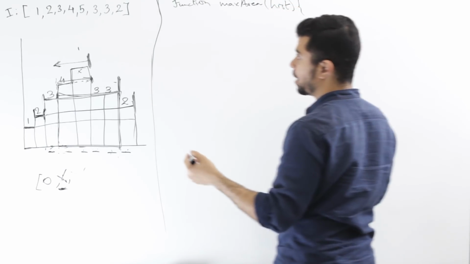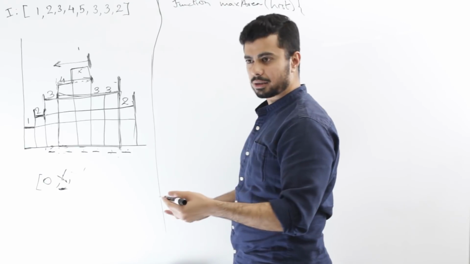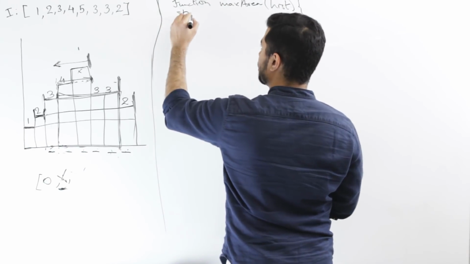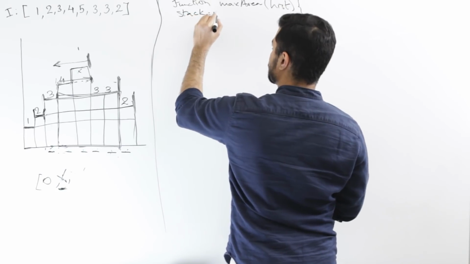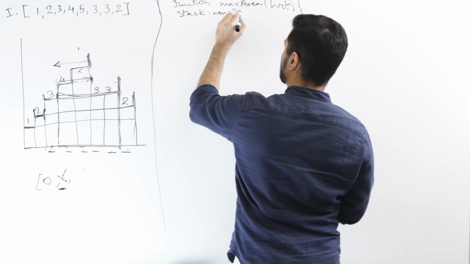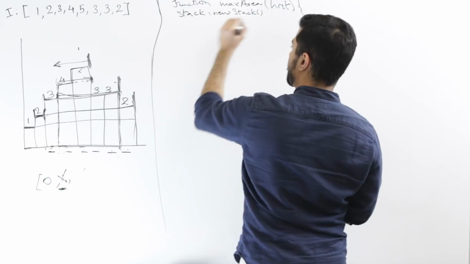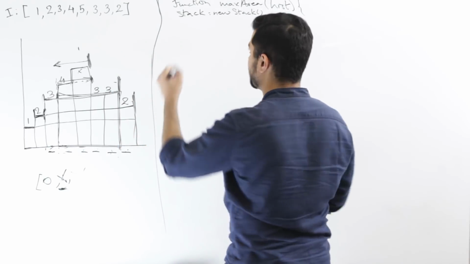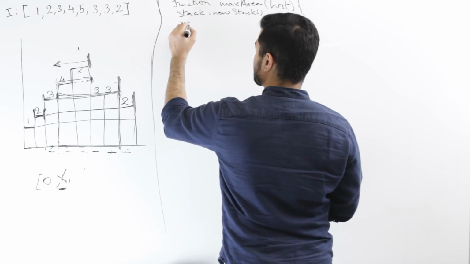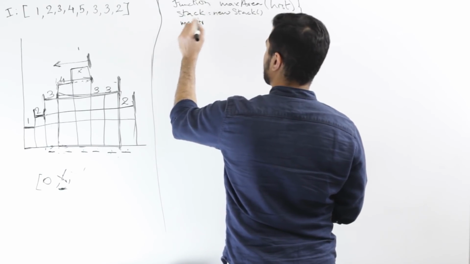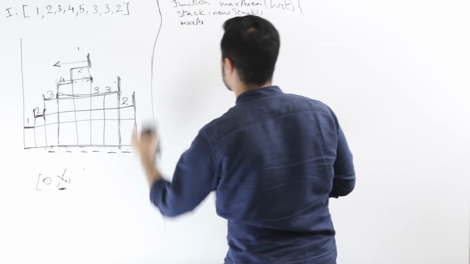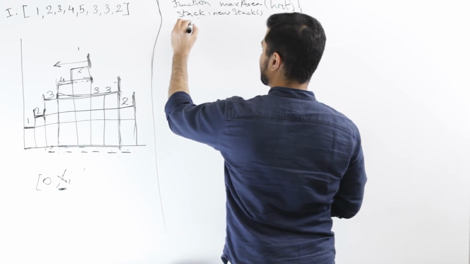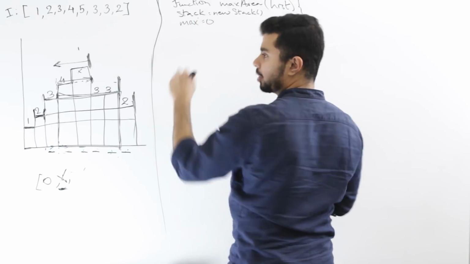So the first thing I would want to instantiate is a stack, right? So I'll say stack equals new stack, and obviously this is pseudocode. And then at the same time, I want a global maximum to keep track. Our function is max area, so let me just call it max. Max equals 0 initially.